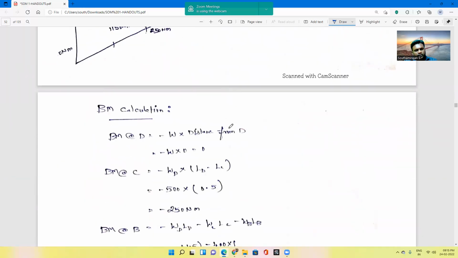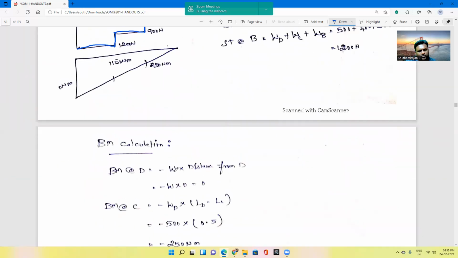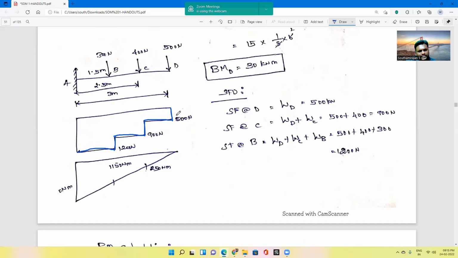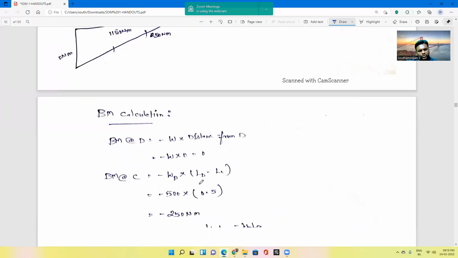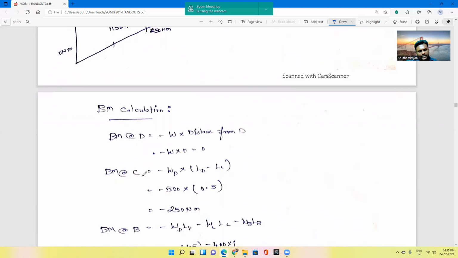So bending moment at D point is equal to force into distance. We have a force of 500 Newton. So 500 into distance 0, we will obtain the value as 0. So next will be the bending moment at C point.